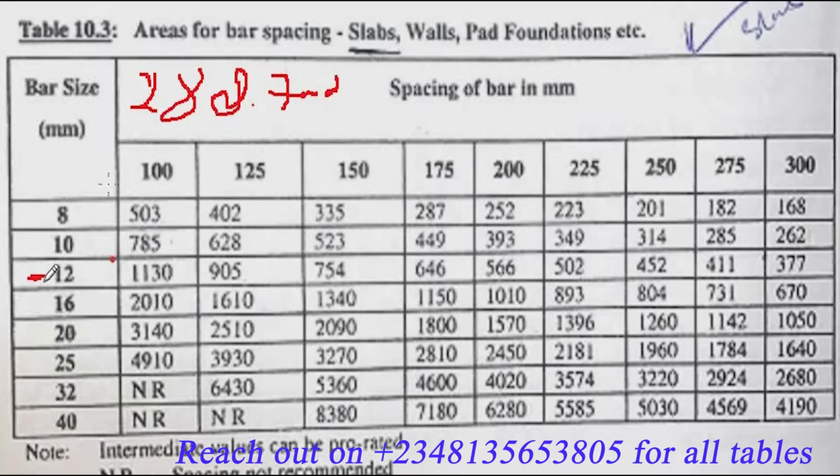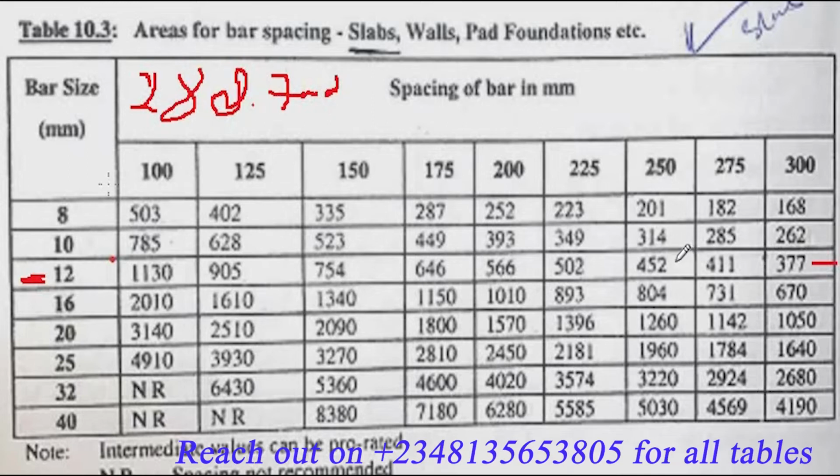So from this row, which is 12 mm, you pick your area from here. The area to be provided should be higher than the area we got from our design, but the difference should not be that much.